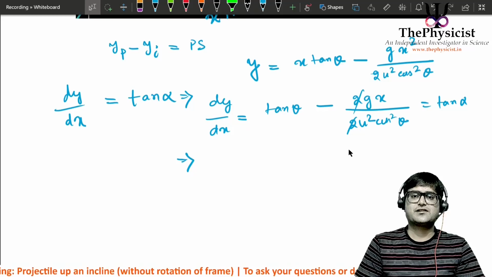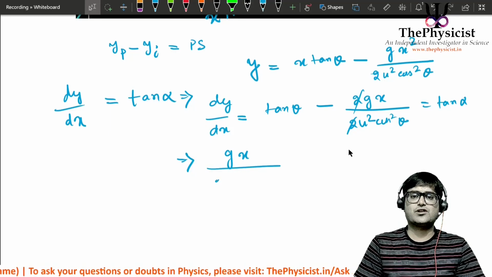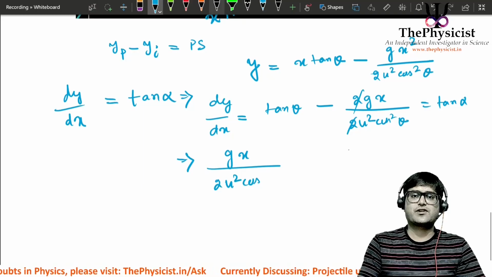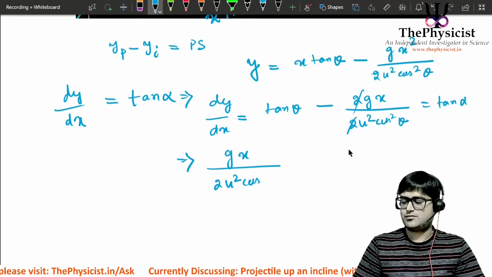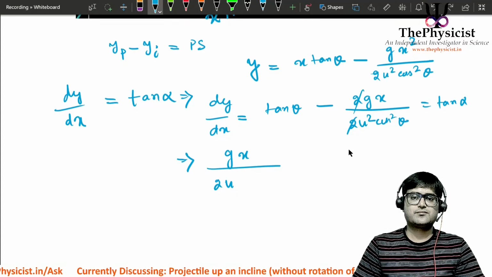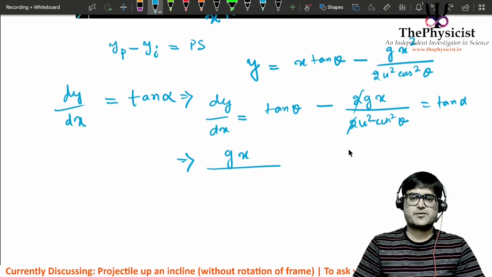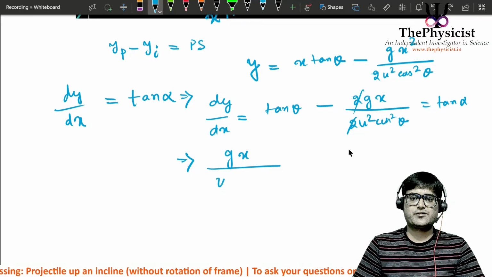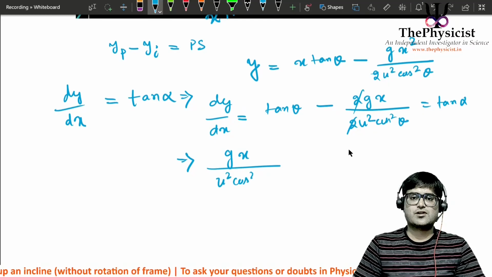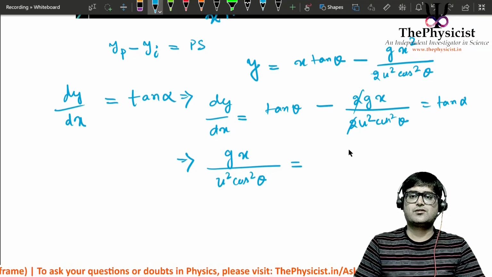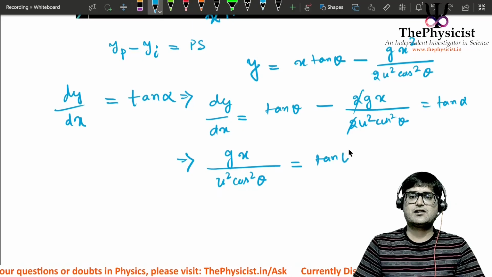That means we can write gx upon u squared cos squared theta equals tan theta minus tan alpha.